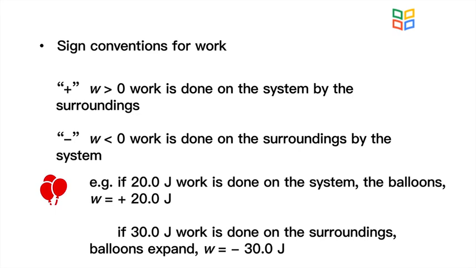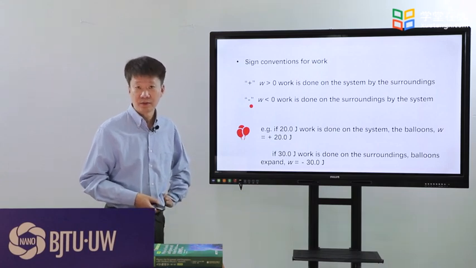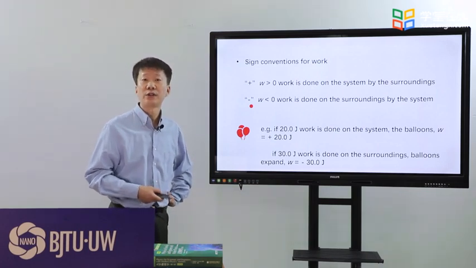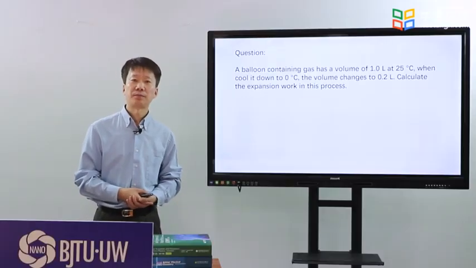For example, if 20 joules work is done on the balloons, they are compressed, and the work is positive. If 30 joules work is done on the surroundings, the balloons expand. The work is negative.